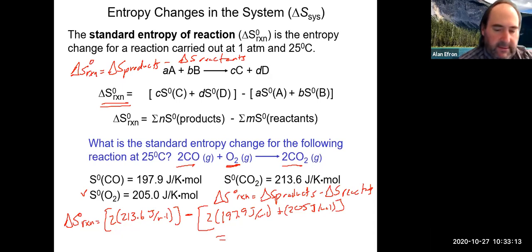If we do all that, we have 2 times 213.6 minus 2 times 197.9 plus 205. It looks like we end up with minus 173.6 joules per mole.